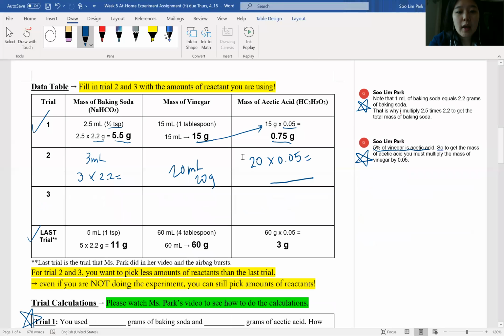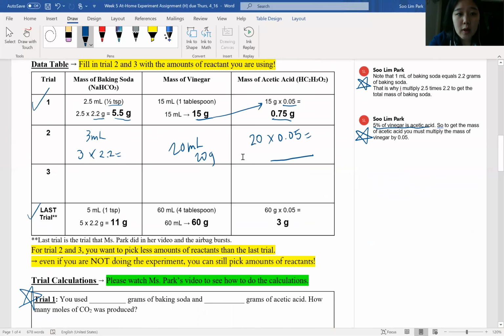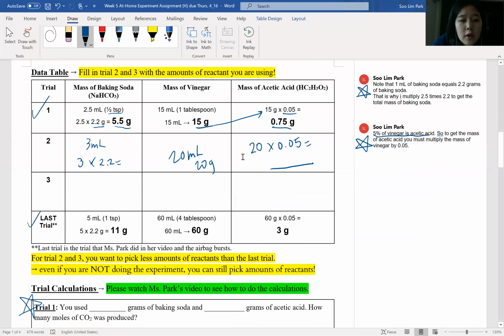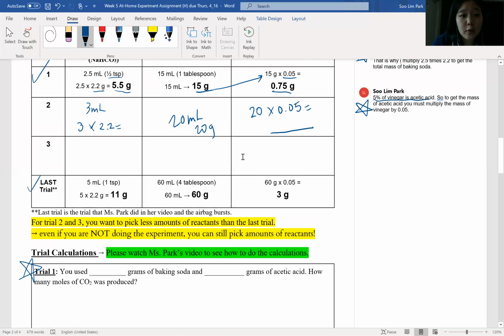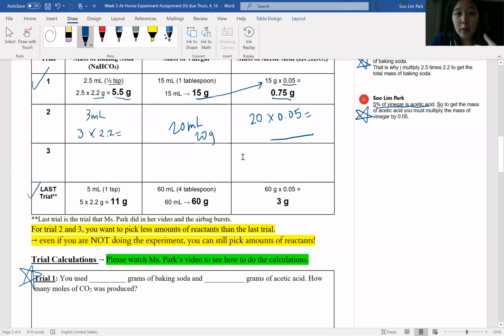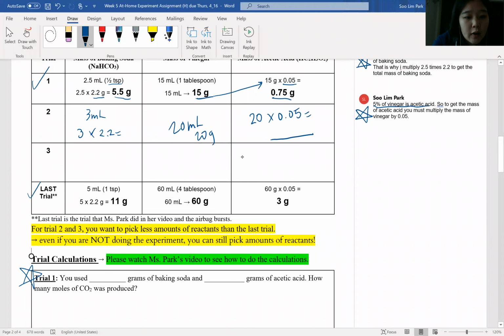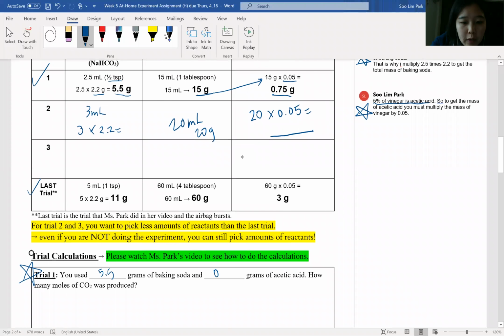So let's go ahead and do the trial calculations. In trial one, I'm just going to fill in the blanks here with what I used for trial one, which is also what you use for trial one. So you used 5.5 grams of baking soda and 0.75 grams of acetic acid.